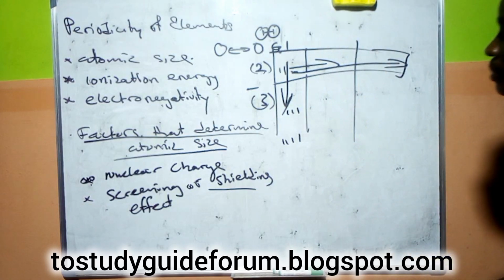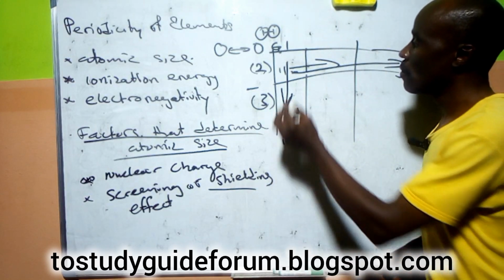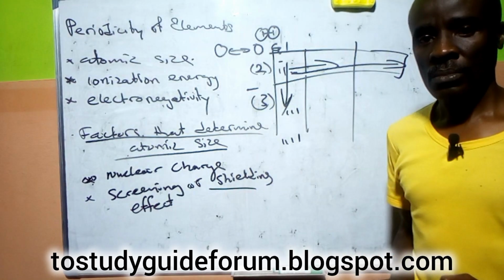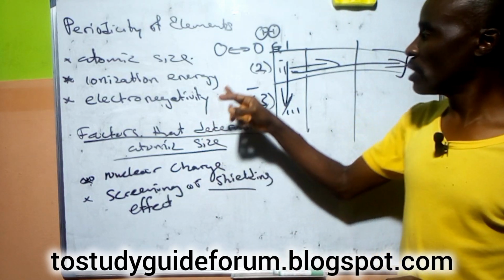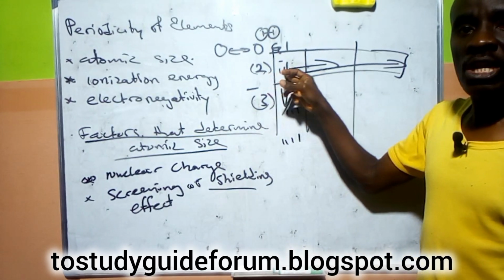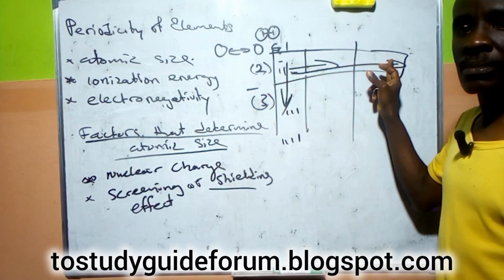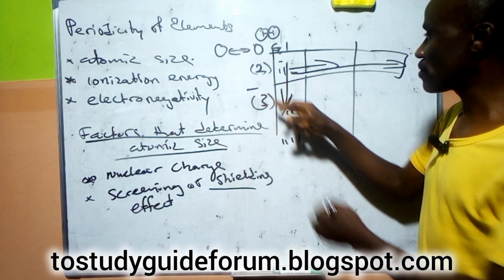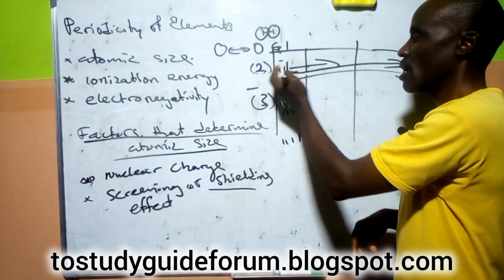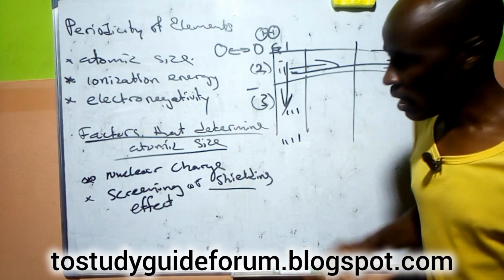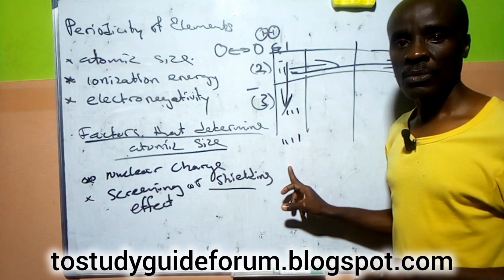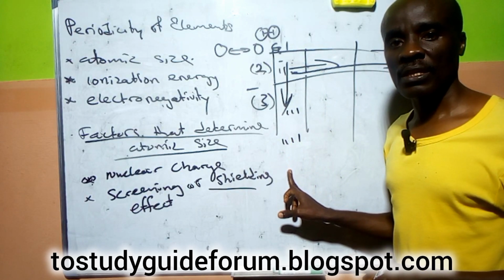So when we move across the period, electronegativity increases from left to right, and then down the group, electronegativity decreases.